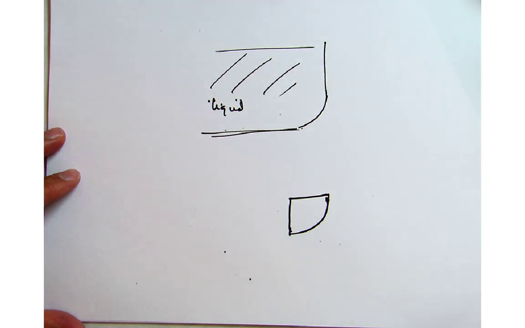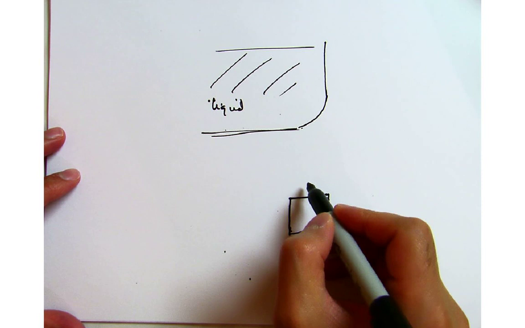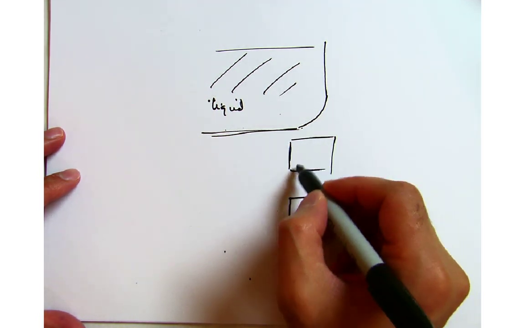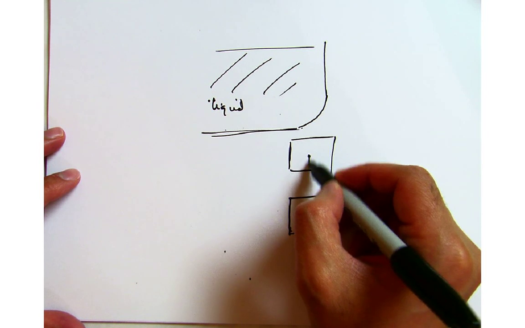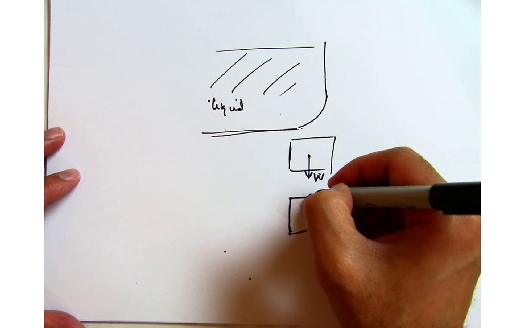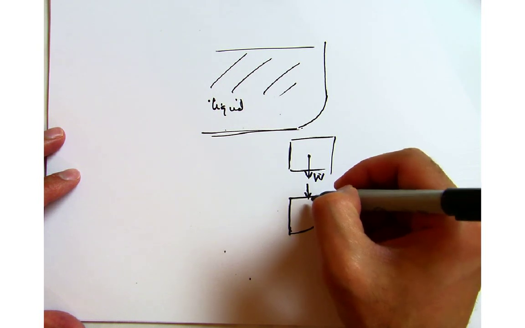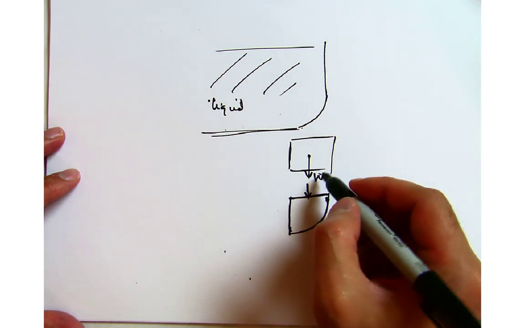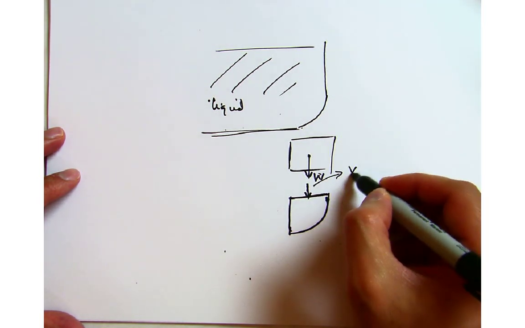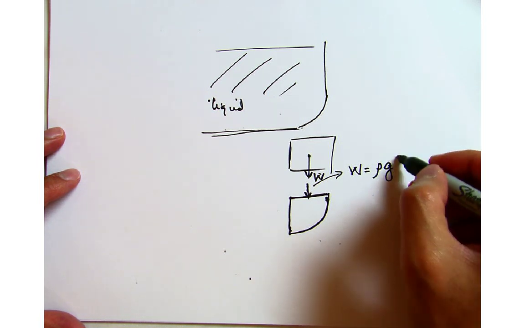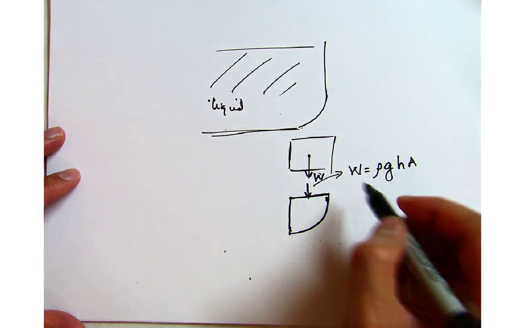Okay, and then you have some force acting on top of this. The idea is there is some fluid on top of this. That fluid has some weight, and that weight is acting somewhere over here, around half of this line. That is simply rho g h times the area.